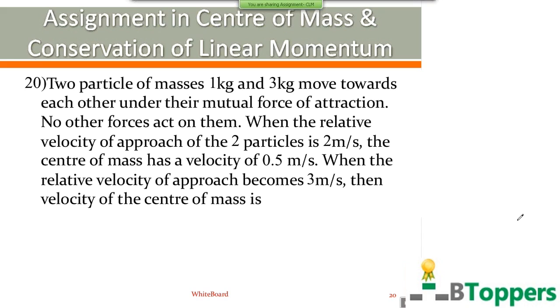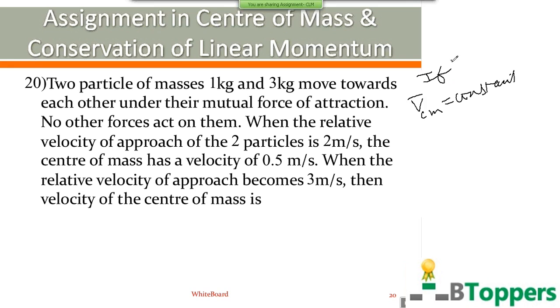See question number 20. This question number 20 is also based on the same concept. When no external force acts on the system, the velocity of the center of mass of the system remains constant both in magnitude and direction.